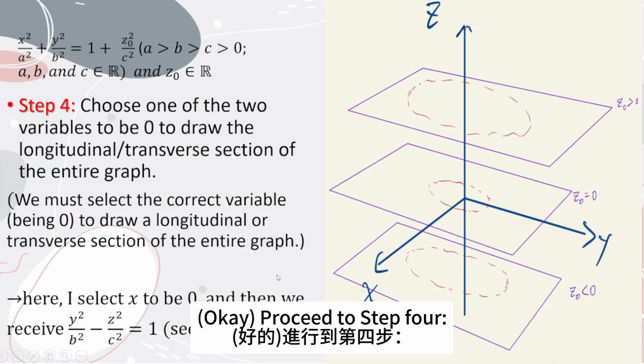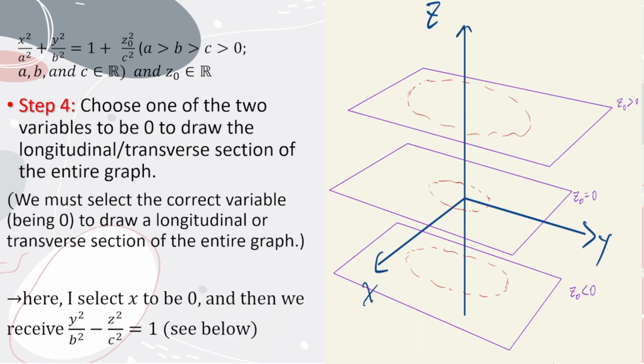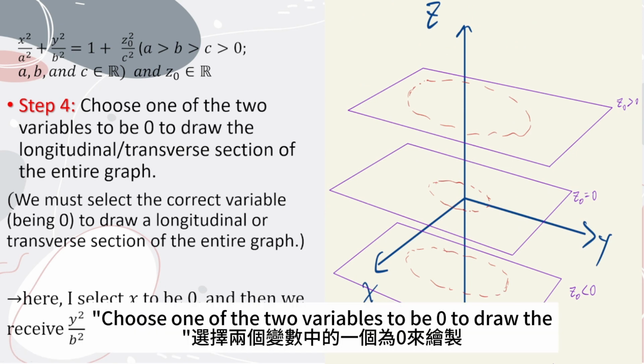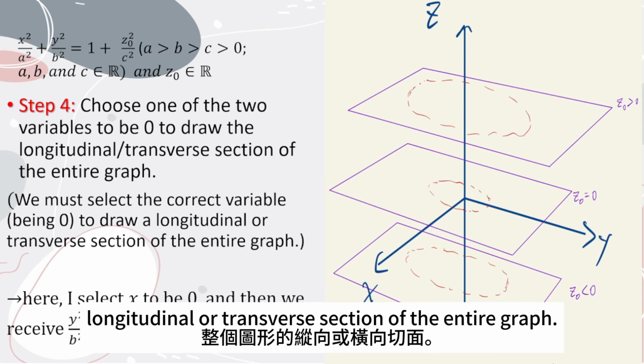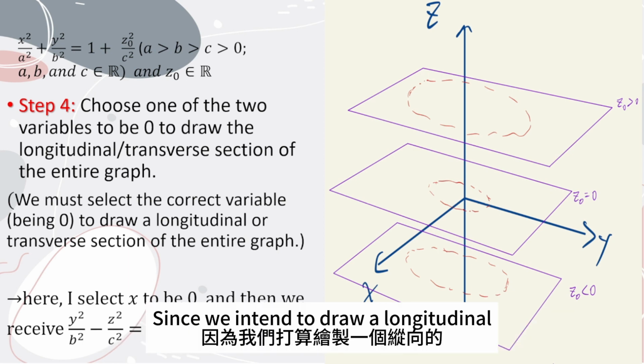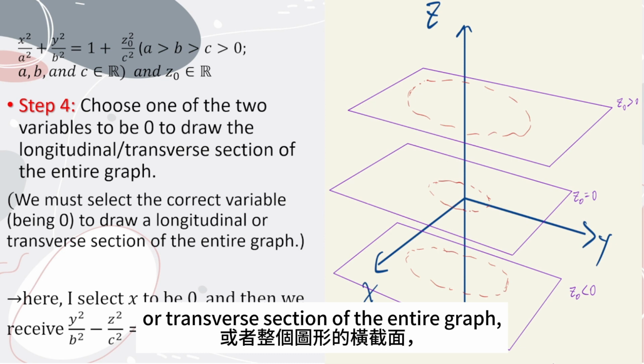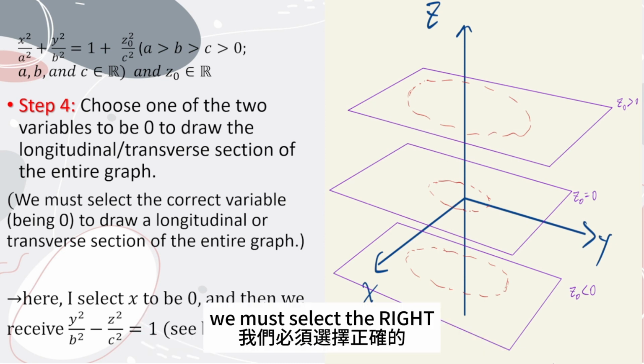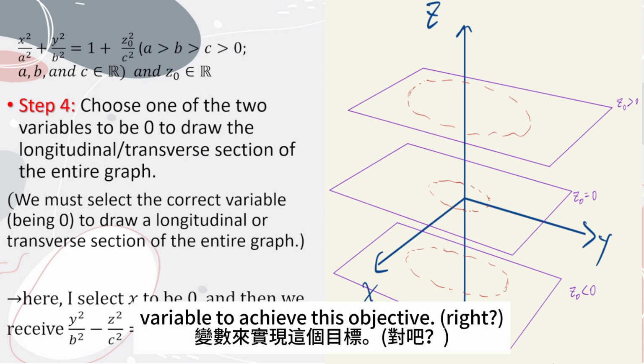Okay, proceed to step 4. Choose one of the two variables to be 0 to draw the longitudinal or transverse section of the entire graph. Since we intend to draw a longitudinal or transverse section of the entire graph, we must select the right variable to achieve this objective, right?